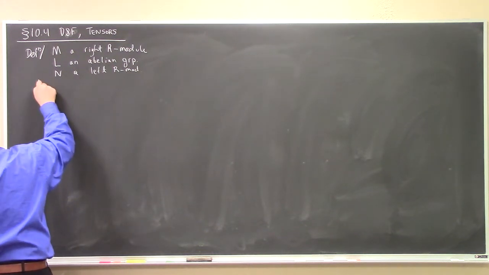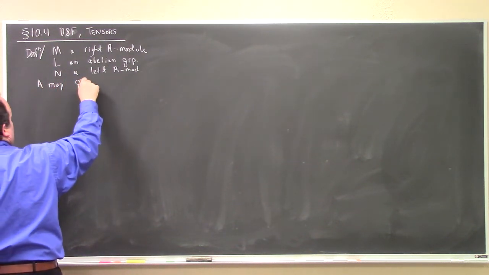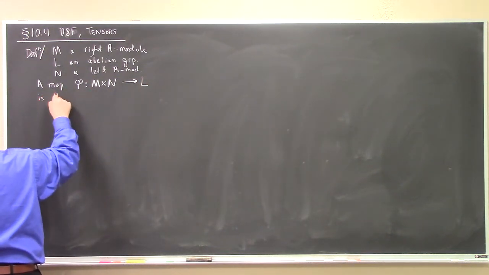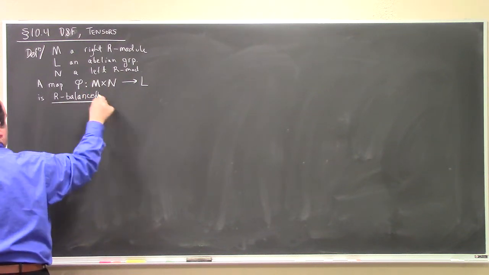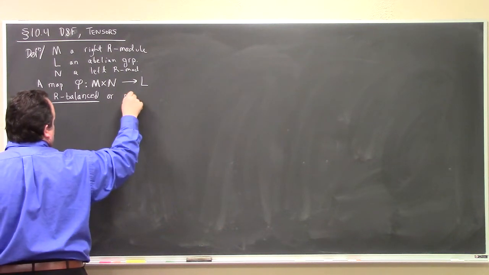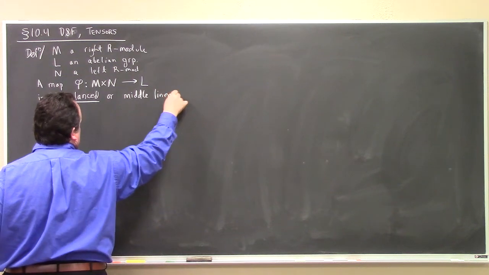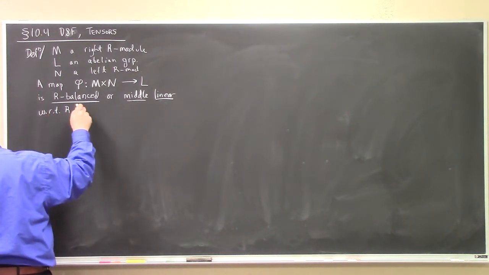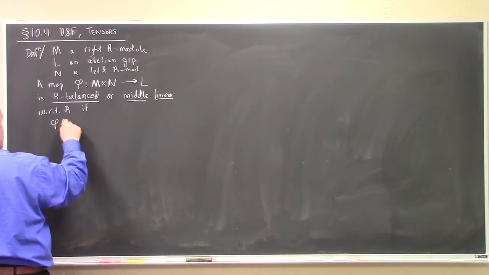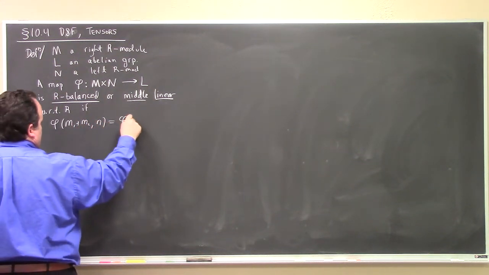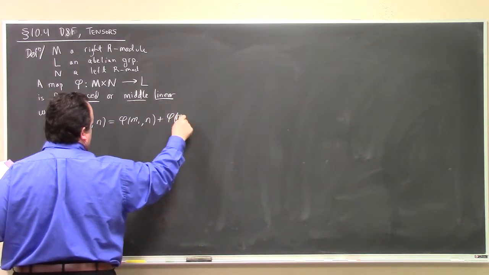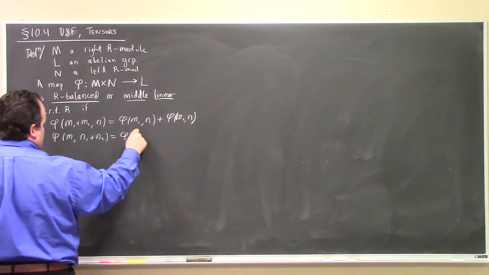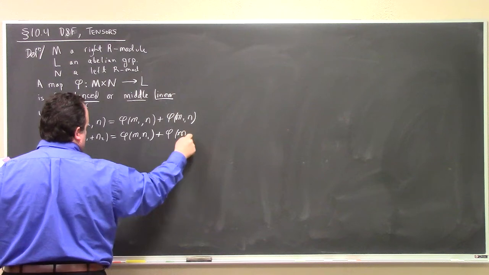Then a map phi from the Cartesian product of M and N to the abelian group L is R-balanced or middle linear with respect to R if phi of M1 plus M2 comma N is phi of M1 comma N plus phi of M2 comma N, and phi of M comma N1 plus N2 is phi of M comma N1 plus phi of M comma N2.